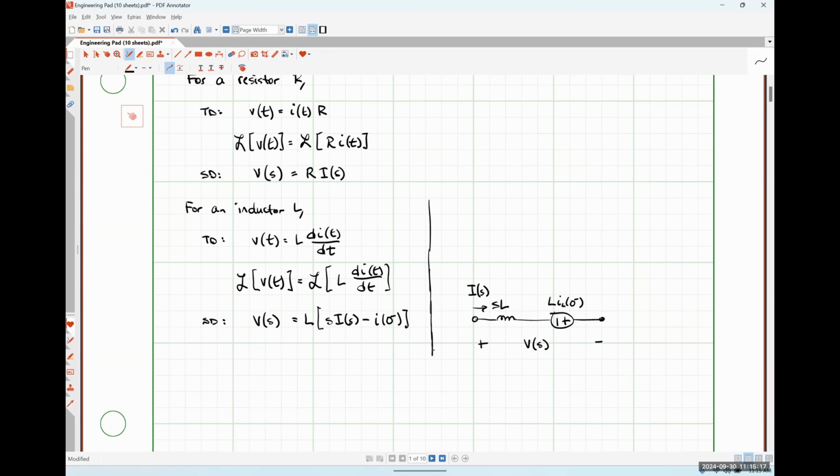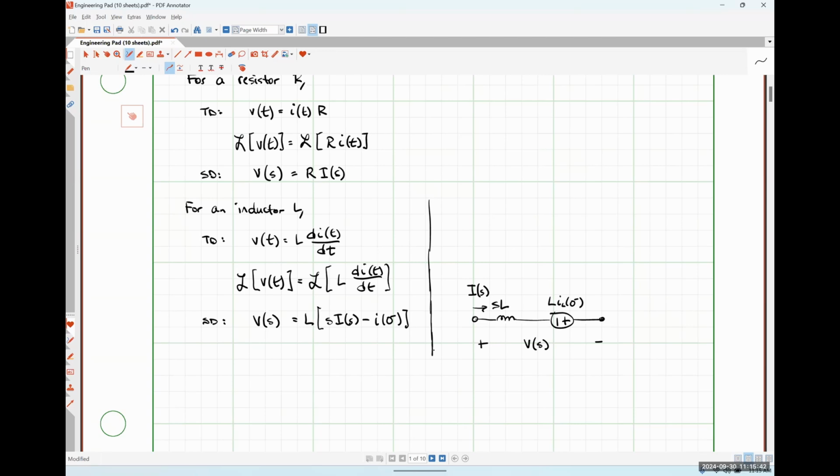So we could actually perform a source transformation on this thing to get a practical current source representation. And then whenever we're using this model in a circuit that we analyze in the S domain, we then have the option of using the practical voltage source model or the practical current source model. And which one we use just depends on which one's going to make the circuit analysis easier, okay?